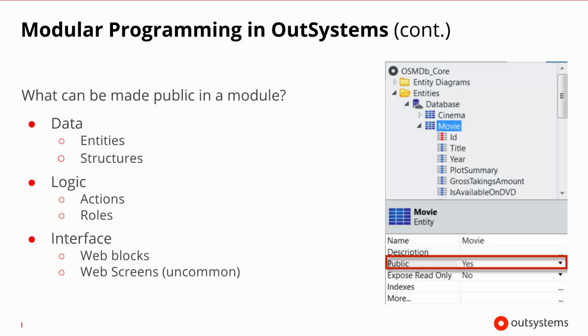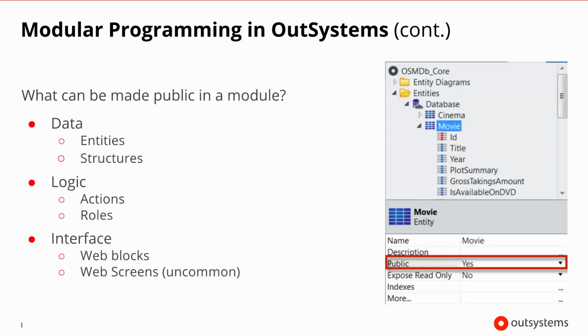On the interface side of things, you can make public web blocks and screens. You will find that web blocks are much more commonly made public. For example, when you create your own widgets, they will very likely be created in a centralized library and be exported as a web block.